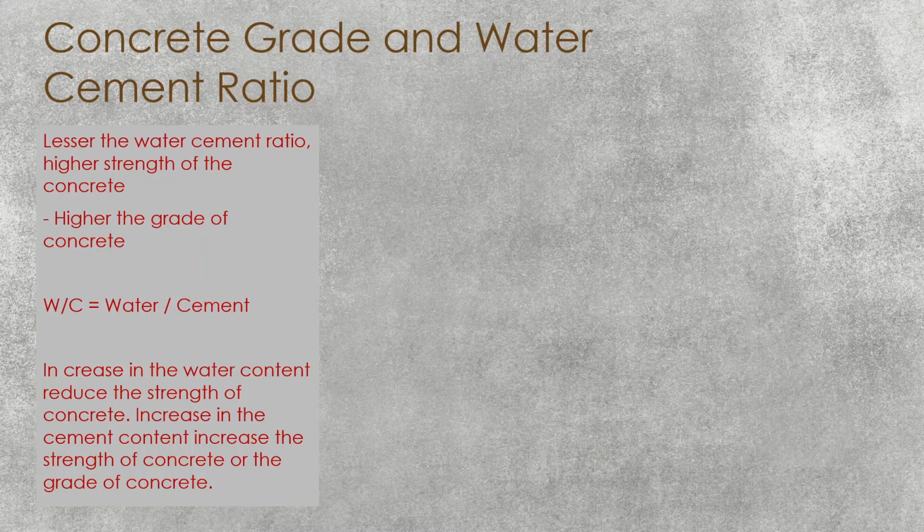A relative increase in the cement content causes a low water cement ratio, and it also leads to high strength concrete. So the higher the cement content, simply the higher the strength. Increasing the water content reduces the strength of the concrete. Increasing the cement content increases the strength of the concrete. That is the basic principle of this.